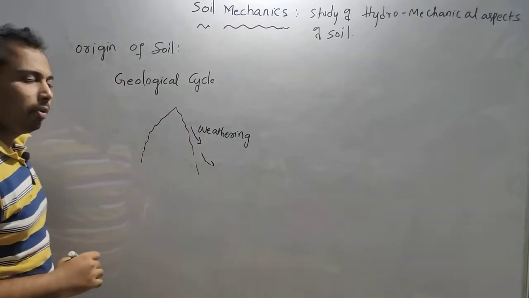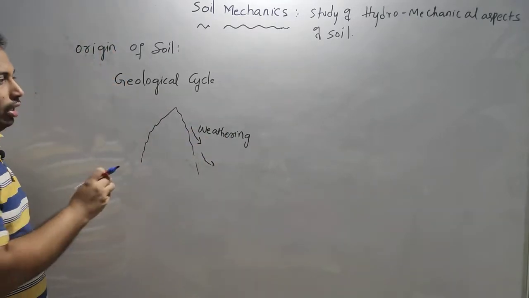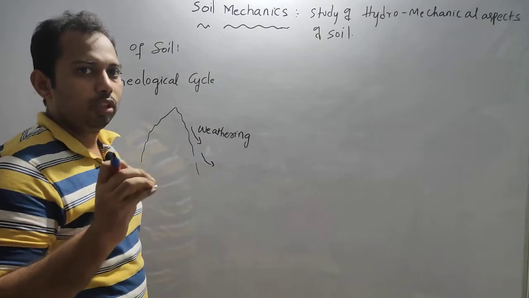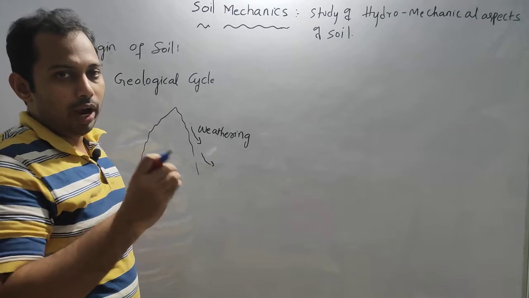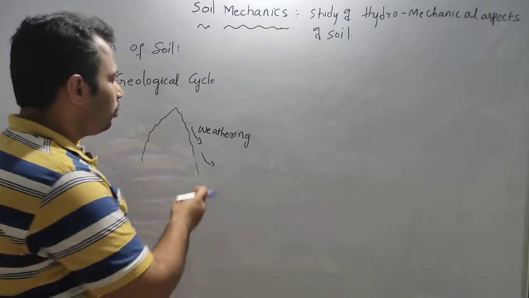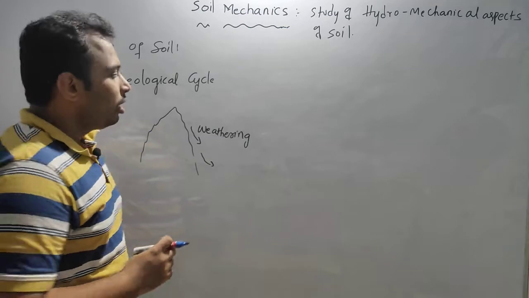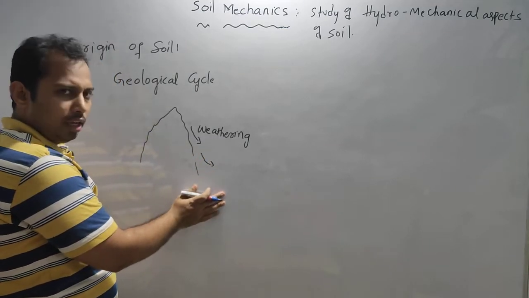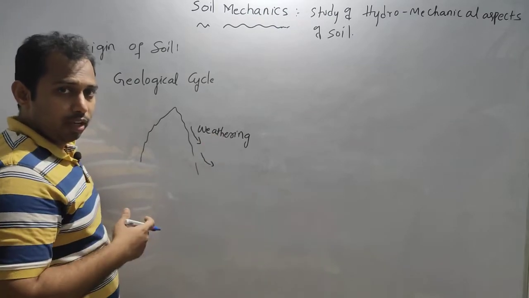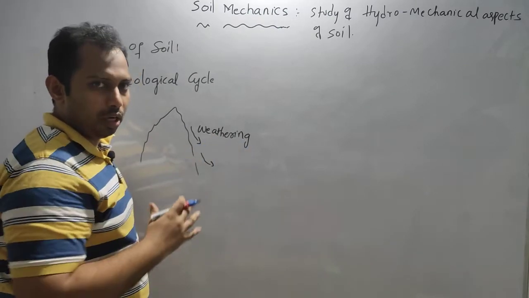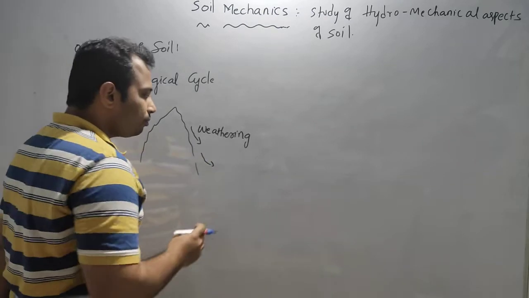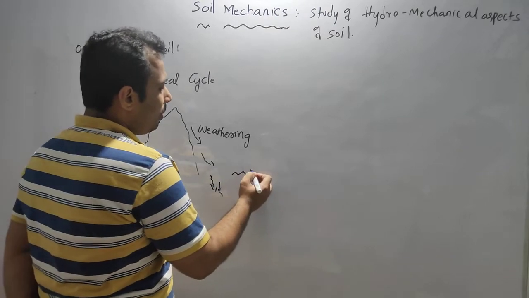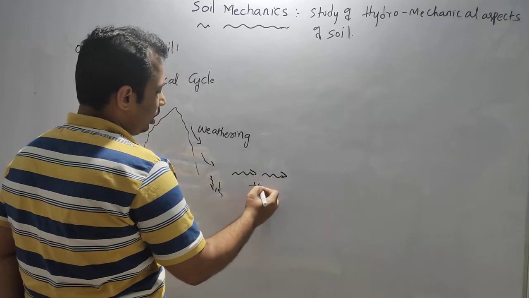Because of this weathering, some part of the rock will be converted into divided particles, and that is called soil. So those weathered particles are called soil, and the soil cannot stay here forever. It may stay here or it may get transported whenever some force acts upon the soil particle. Some part of the soil may settle down here, and some part may get transported. So this is transportation.